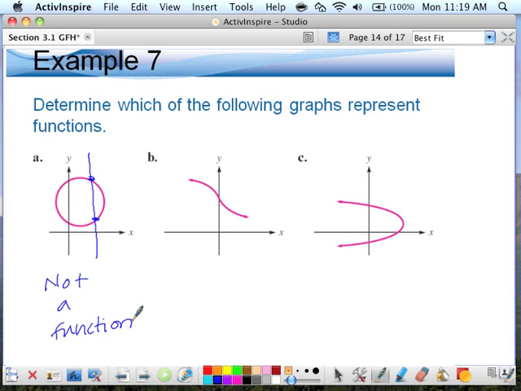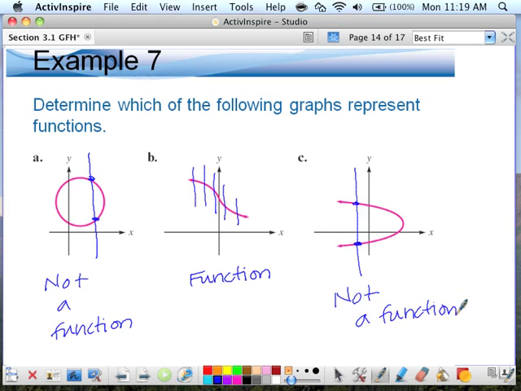You probably don't know that yet, but that's what it is. Any vertical line I draw through there hits it how many times? Just once. So it is a function. And this one is a sideways parabola. Obviously, it is not a function. And that takes care of the vertical line test for functions.